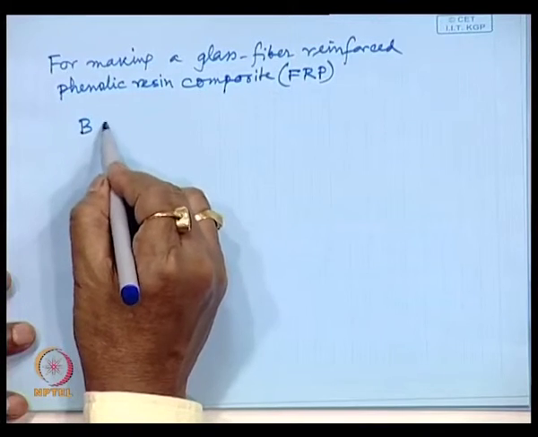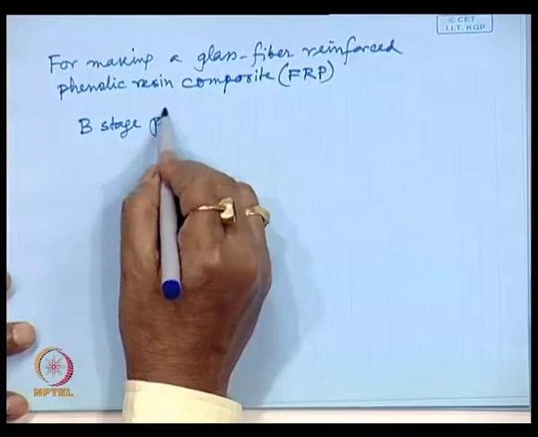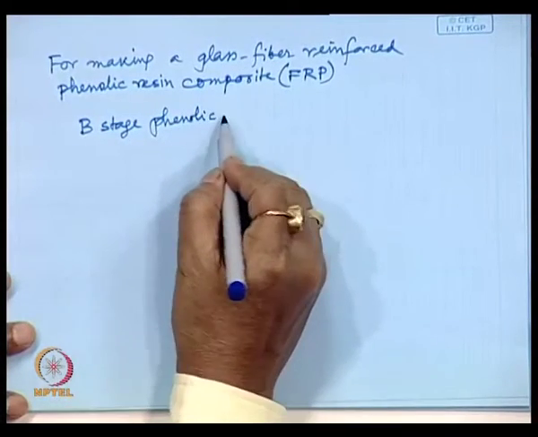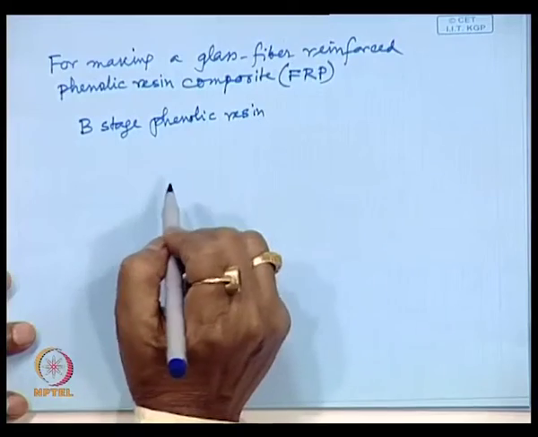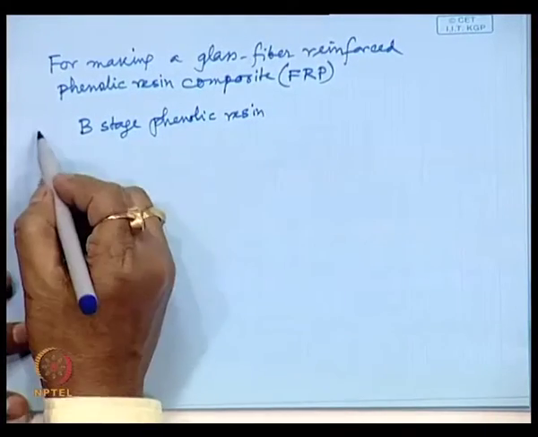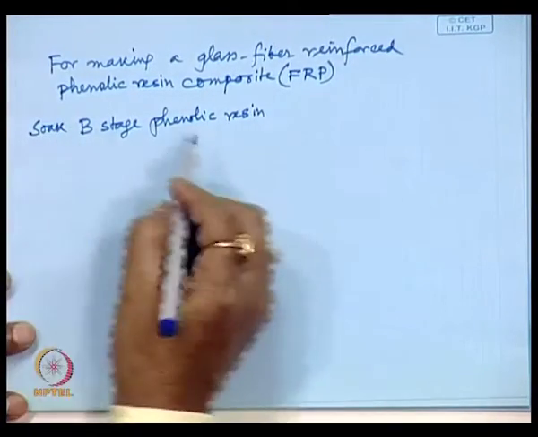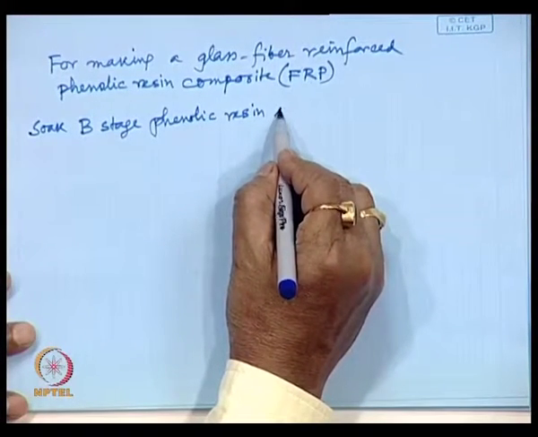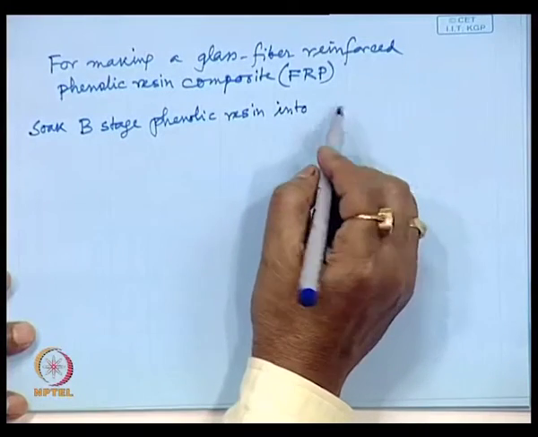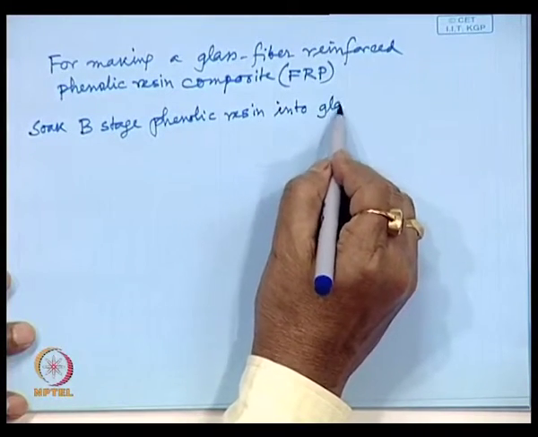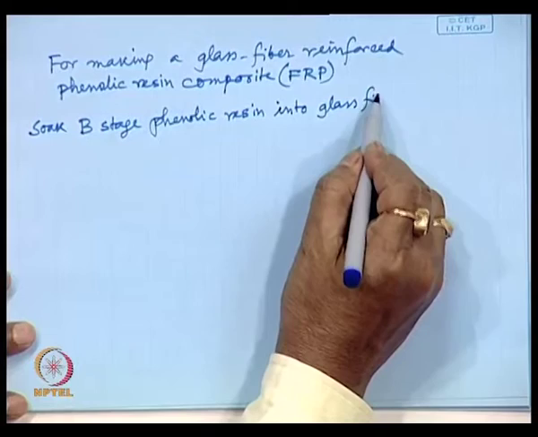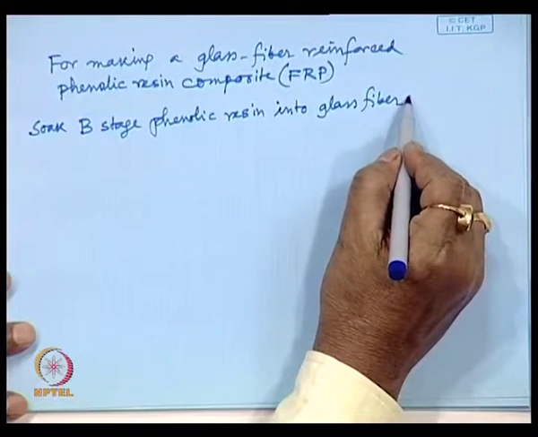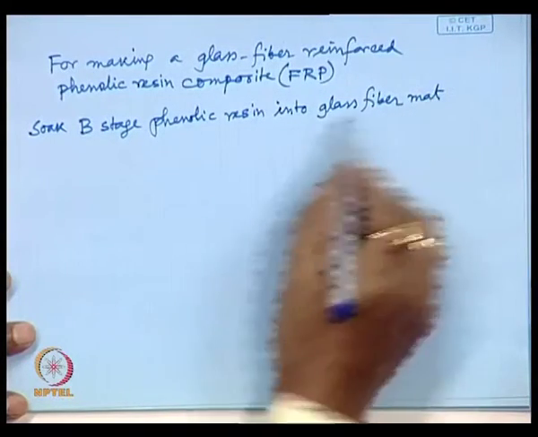That B stage phenolic resin, you soak into a glass fiber mat or fabric.